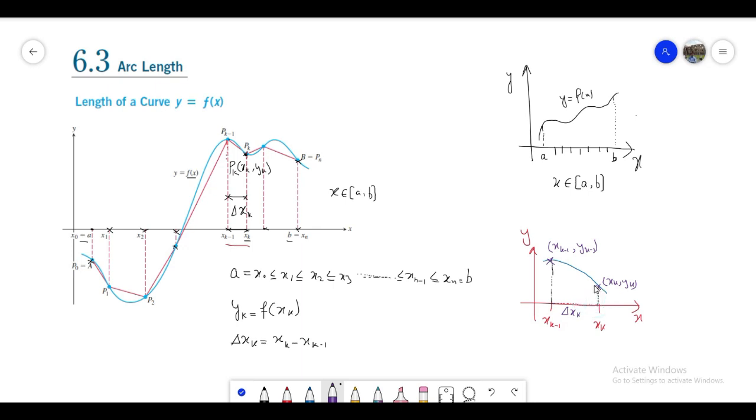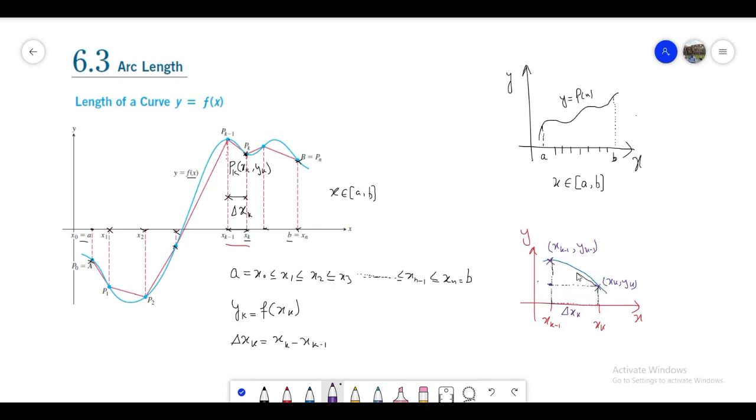Now in order to compute the distance for the y, of course the y is starting from here to here. So this is the point yk, from here to here.